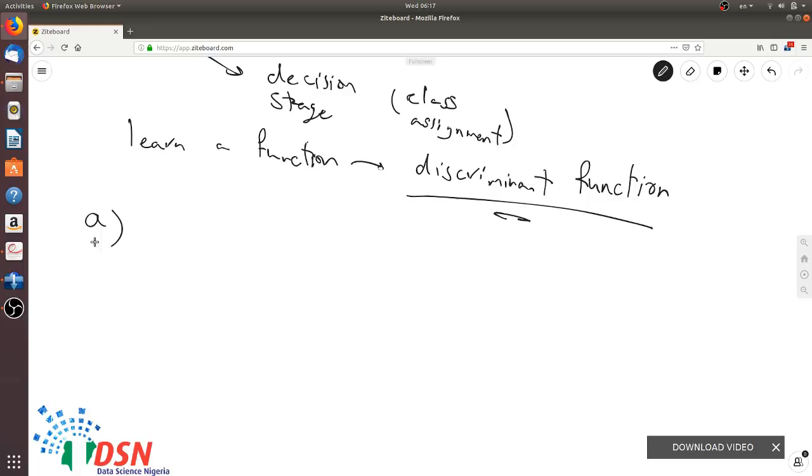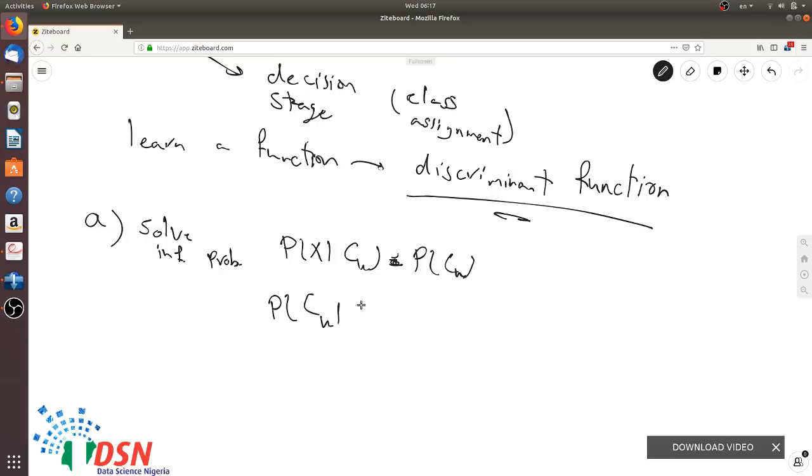So the first approach to solve our problem is to solve the inference problem by obtaining the class conditional probability, p of x given Ck, and deriving p of Ck, then using Bayes' theorem to derive the probability of Ck given x.